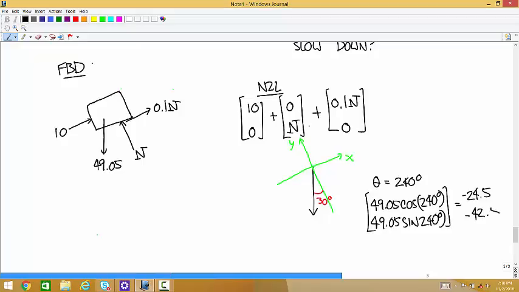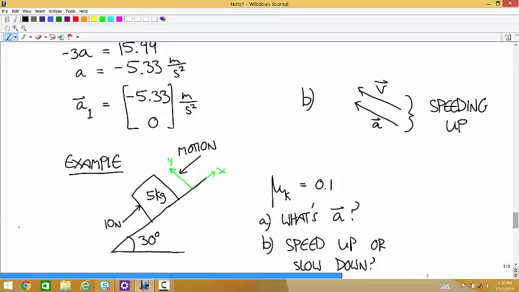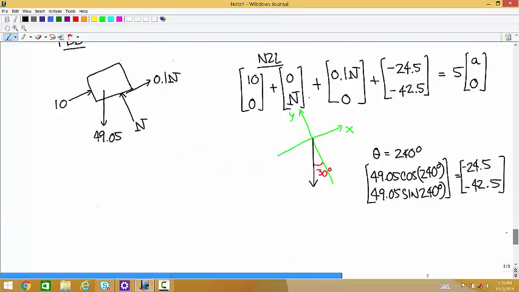So this is negative 24.5, negative 42.5, and that's all equal to the mass times the acceleration. The y equation says the normal force is equal to positive 42.5.